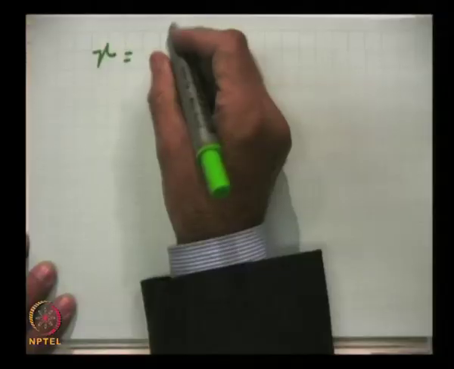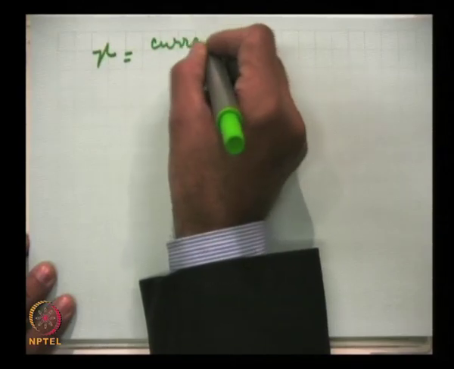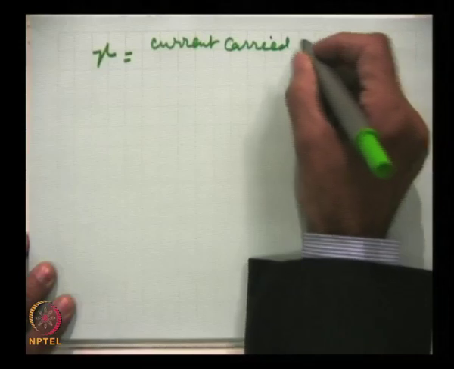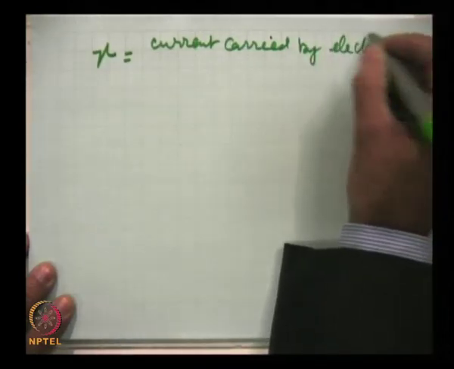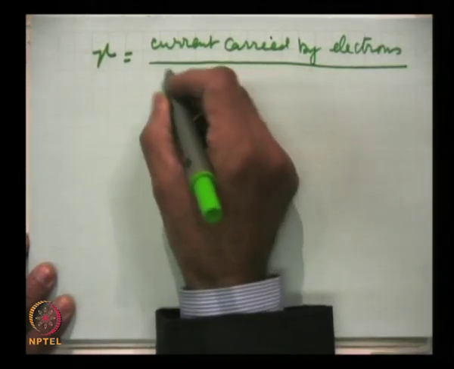If we talk of either NPN or PNP, but currently we are talking about the NPN transistor, then this is defined as the total current carried by electrons divided by the total emitter current.